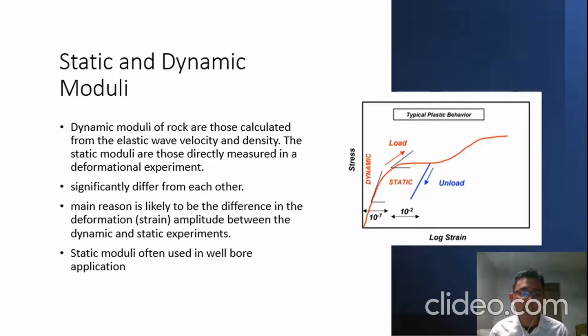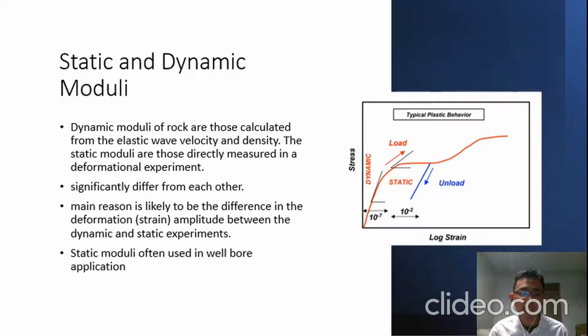In definition, the dynamic moduli of rock are those that are calculated from elastic wave velocity and density, while the static moduli are those directly measured in deformational experiments. The static and dynamic moduli of the same rock may significantly differ from each other, and the main reason is that it is likely to be a difference in the deformation strain amplitude between the dynamic and static experiment.